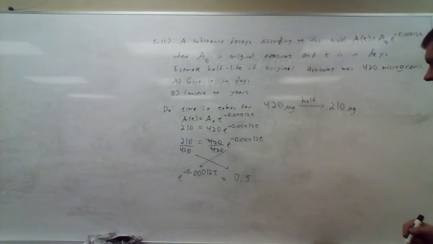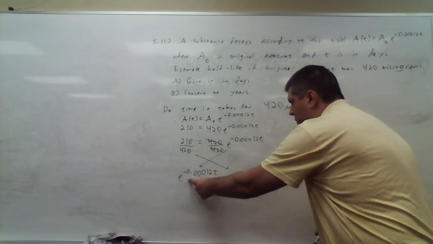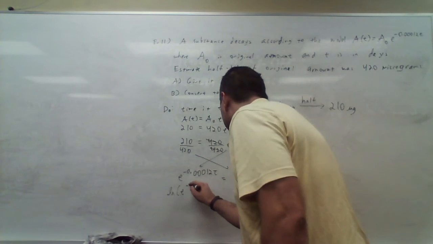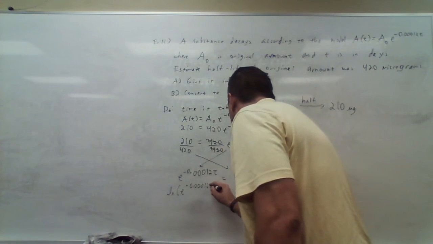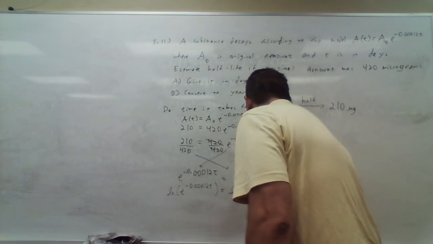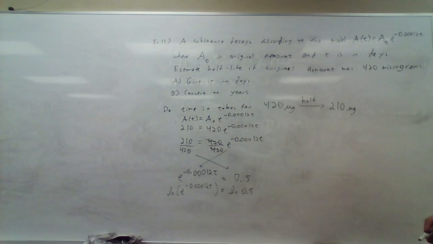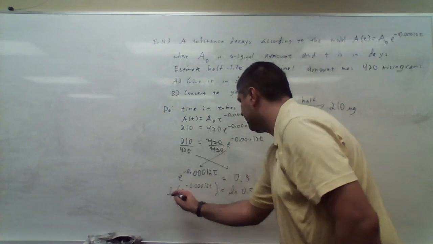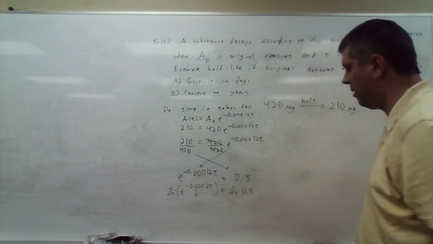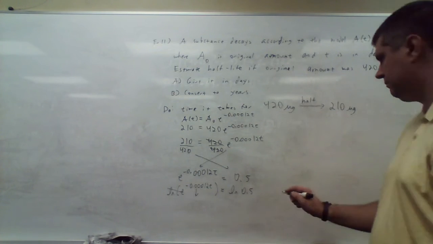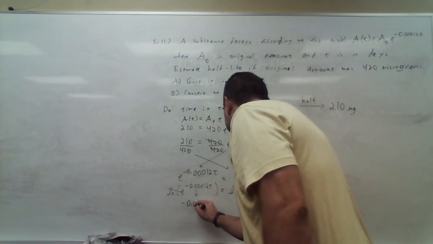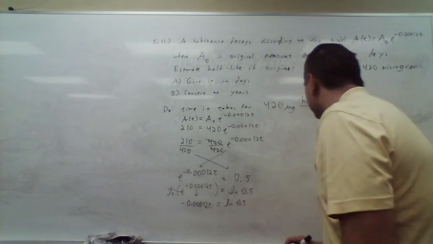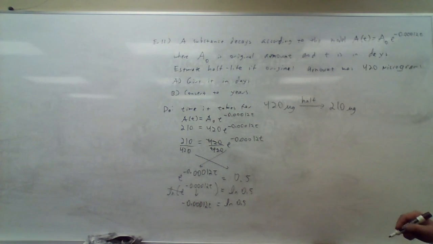The next order of business is we want to get this out of the exponent, so we're going to take the natural log of both sides. Log base e of e to a power cancels, and this comes out of the exponent, giving me negative 0.00012t equals the natural log of 0.5.